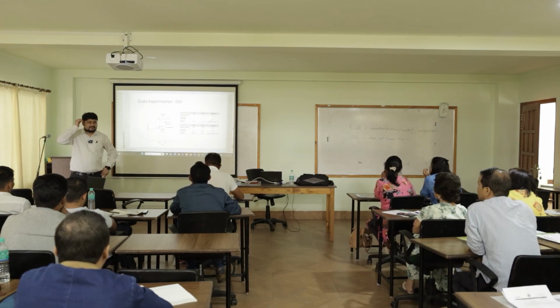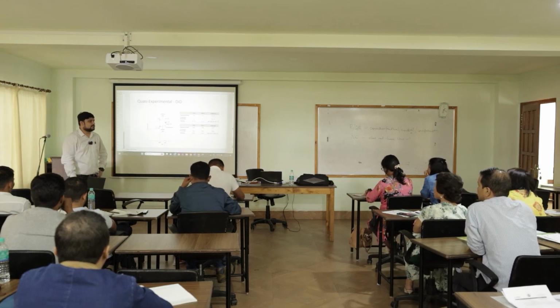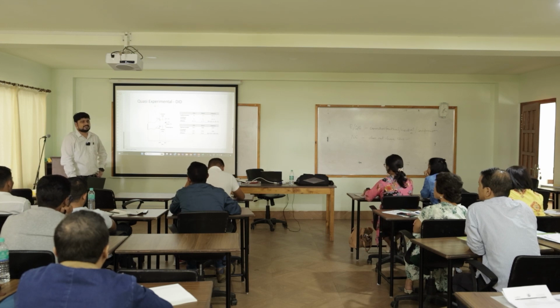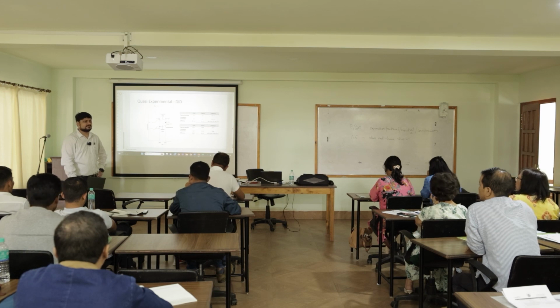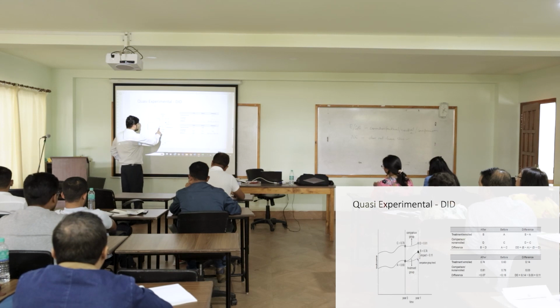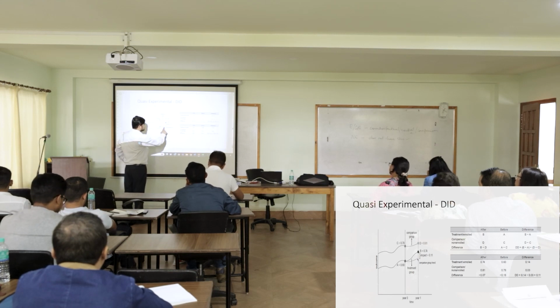So we basically need a counterfactual or a control just to understand what would have happened in the absence of the project and with a project in place. What is the difference? In the absence of the program, A would also have followed the same trajectory.